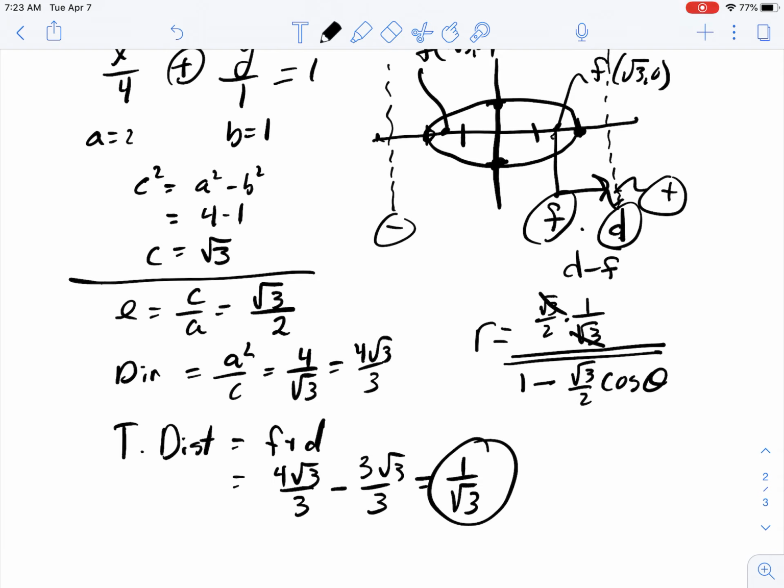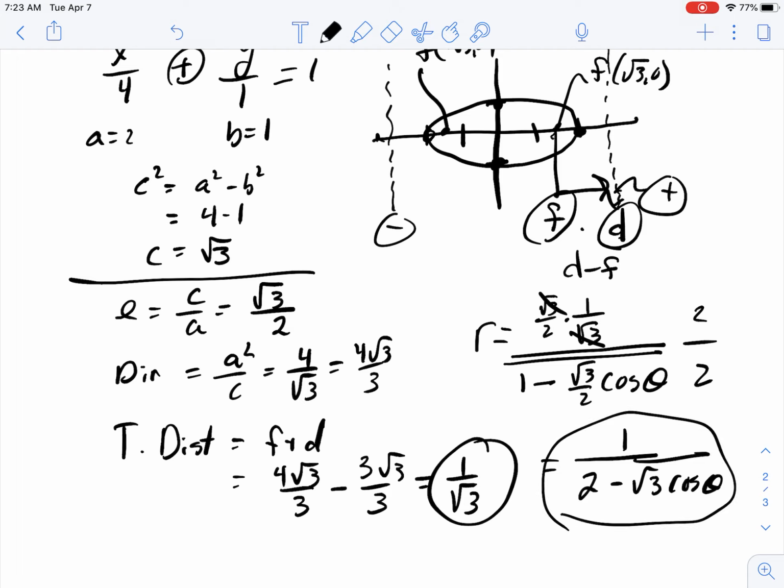If you clean this up, obviously those cancel. A lot of times they don't want to put fractions in here, so they're going to multiply top and bottom by 2. What you'll see then is 1 over 2 minus root 3 cosine of theta. It just gives an easy way to plug all your values in.